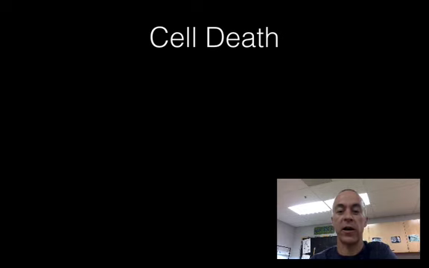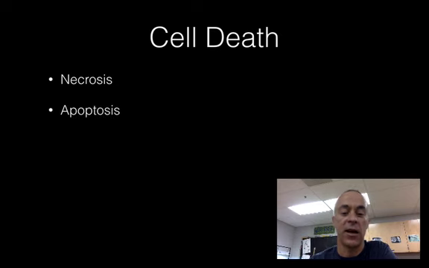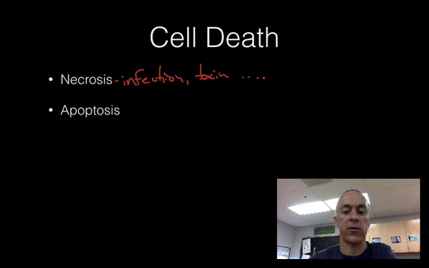On that note, it's worth talking about why cells do die. We've gone through the process of cell cycle, mitosis, meiosis, and one of the main reasons why cells are replaced is because of cell death. But we didn't really talk about why cells might die. And the first reason is what we call necrosis, and this is usually due to some sort of infection or toxin or radiation or things like that that would lead to damage of the cell.